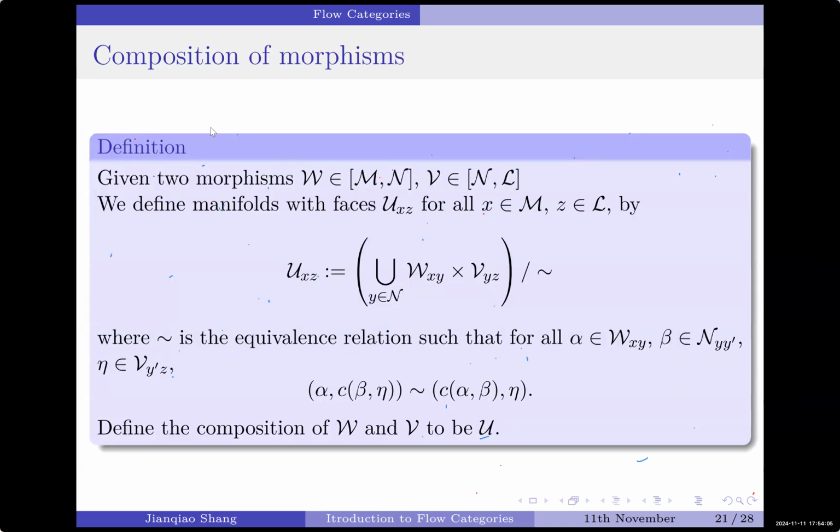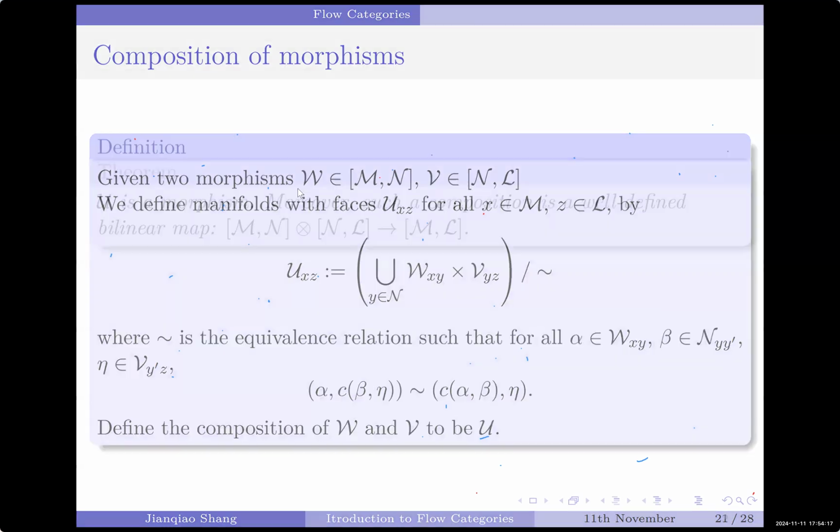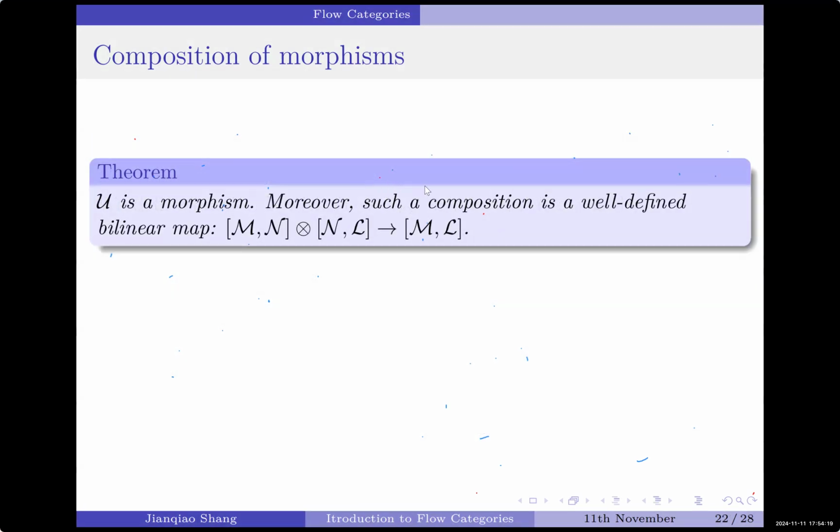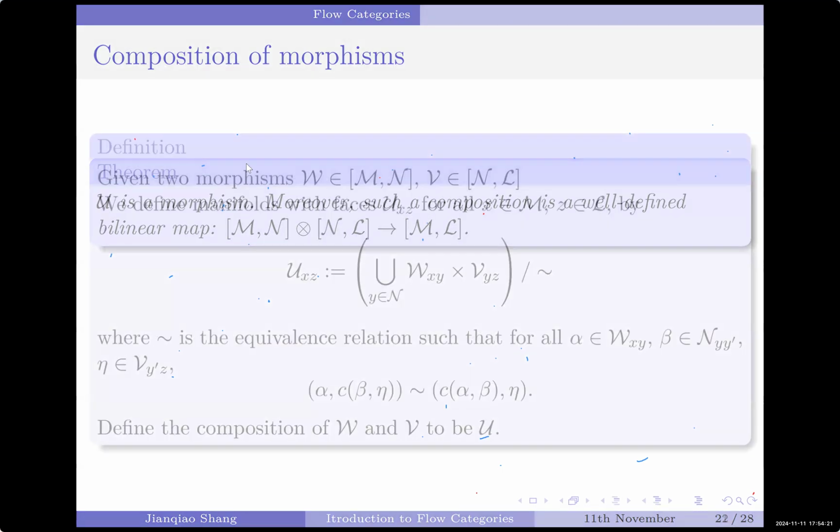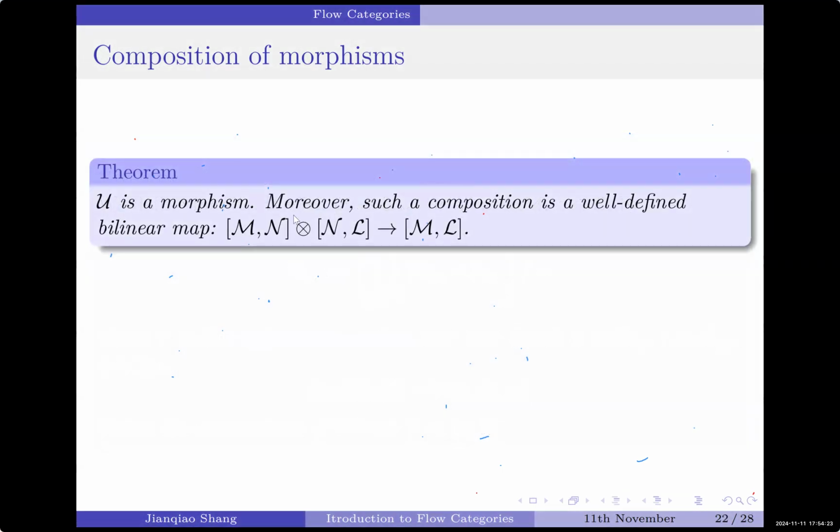Okay, so let's come to the composition of the morphisms. It's totally the same as what we did in the Morse case, and we omit it here. I claim that such a composition defines a composition of maps between the flow categories.